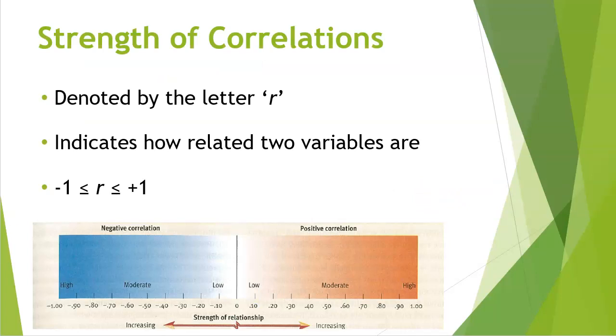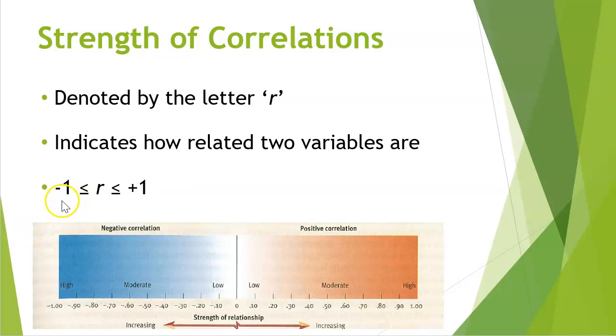So when we measure the strength of a correlation, we're just describing how positive or how negative a correlation is. And we use the letter R to tell us that. So again, it indicates the relationship between the two variables.